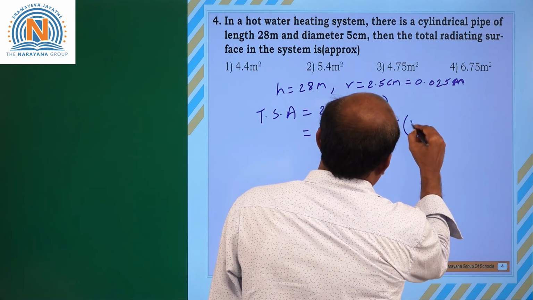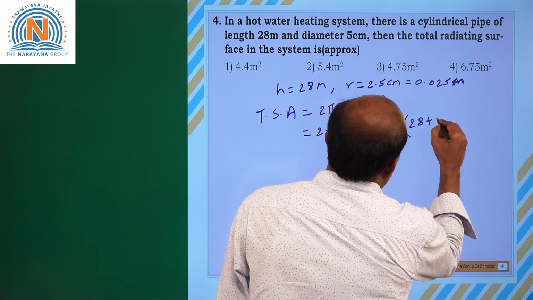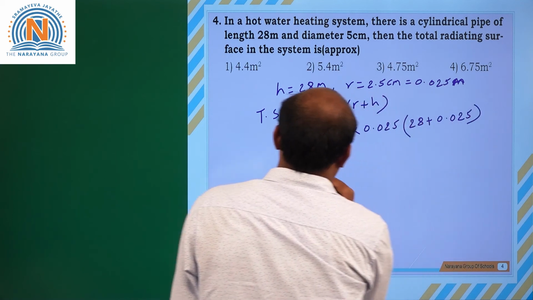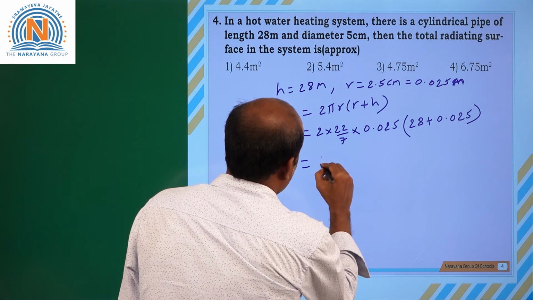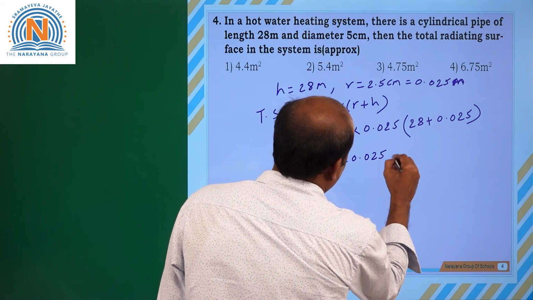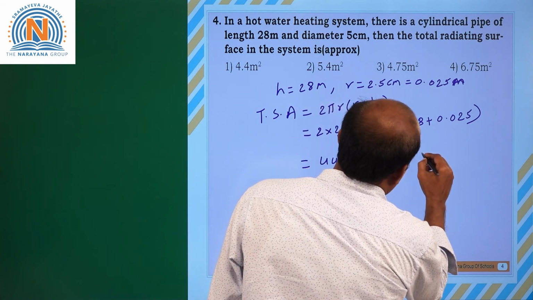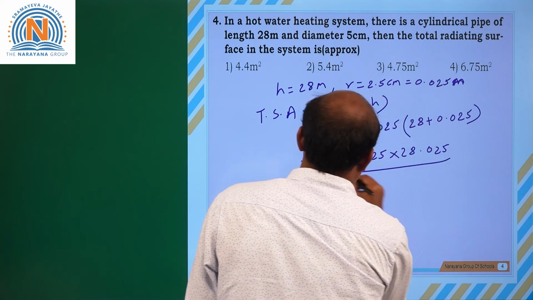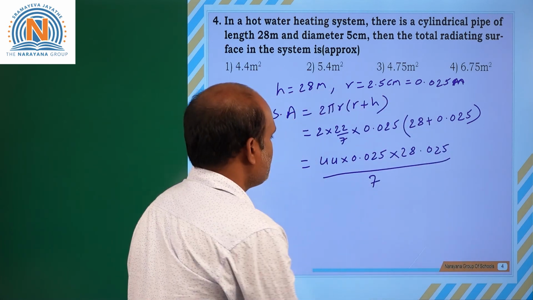What is h? 28 plus 0.025. That is equal to 22 into 2, 44, into 0.025 into 28.025 by 7.